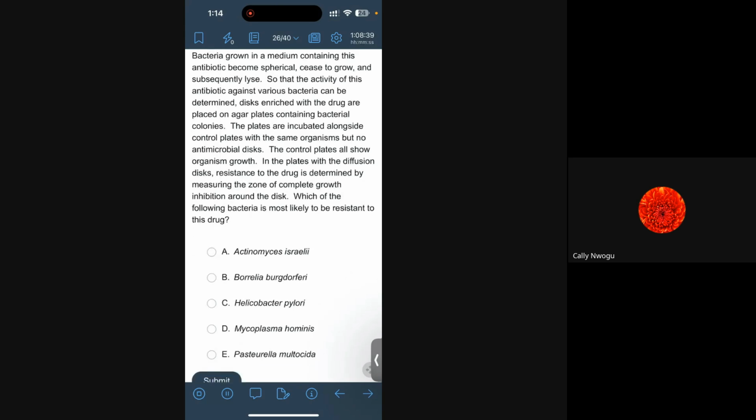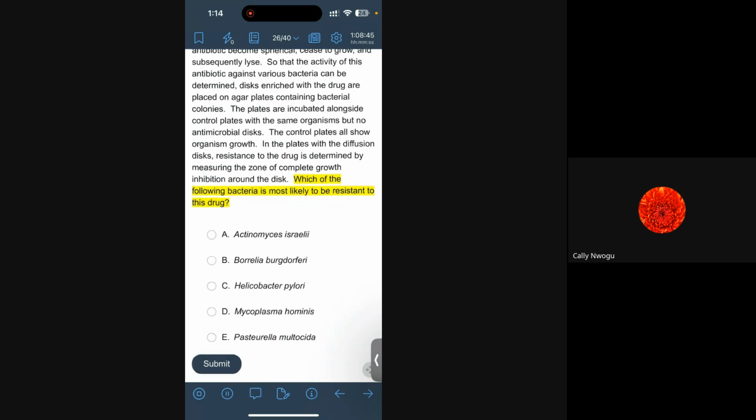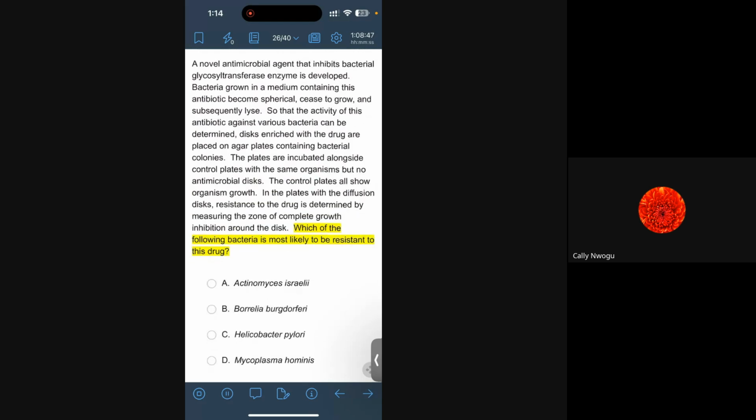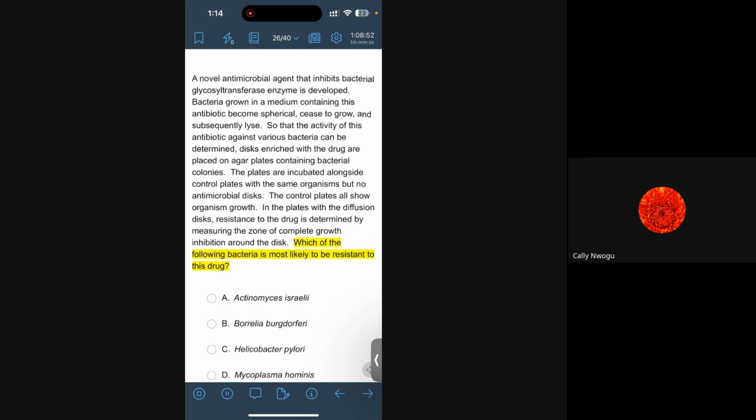Which of the following bacteria is most likely to be resistant to this drug? Let's see the options.